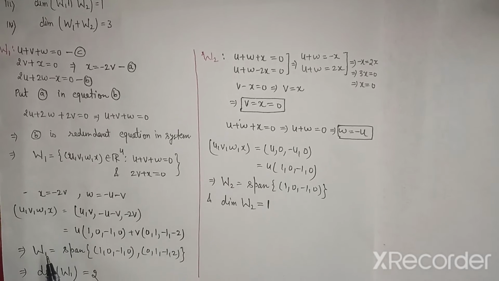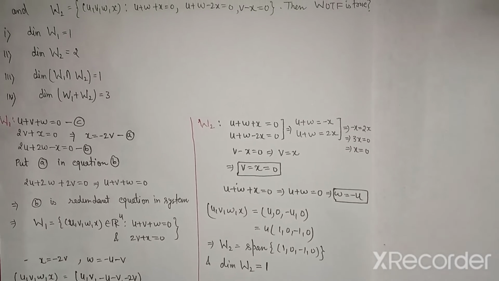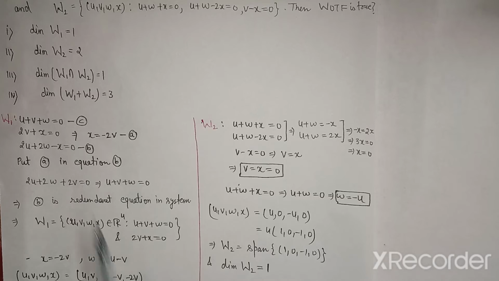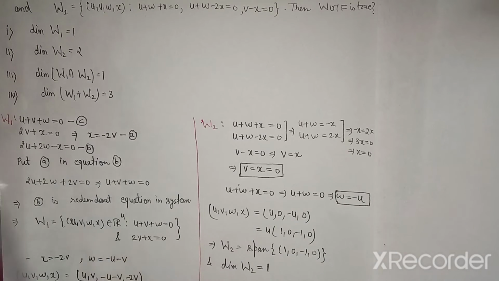So W1 is the span of these two vectors, and the dimension of W1 is 2. But in the option it is given that the dimension of W1 is 1, but we get 2. So the first option is discarded.